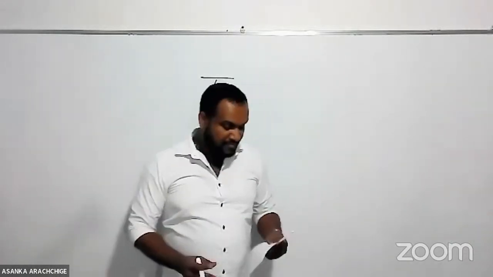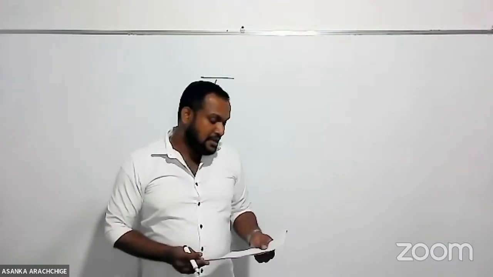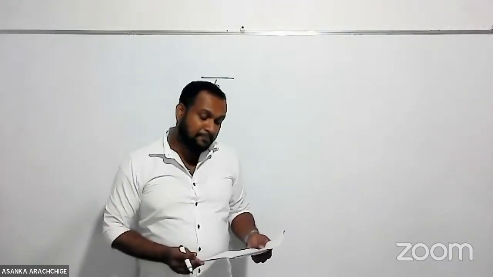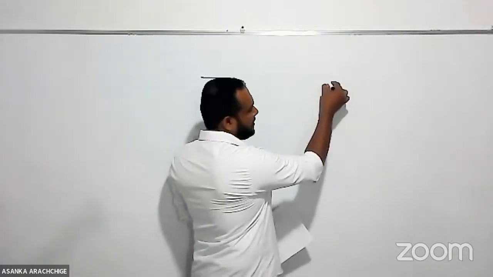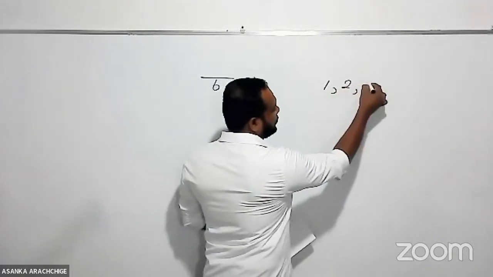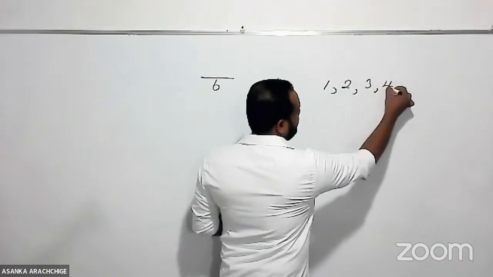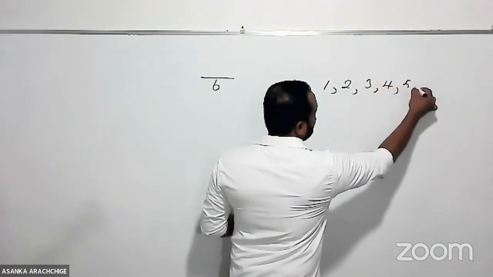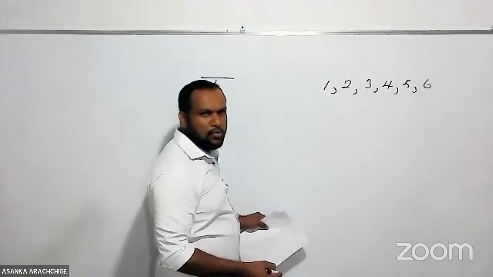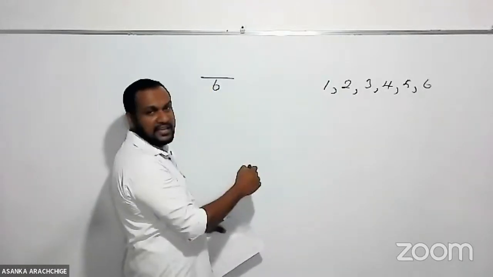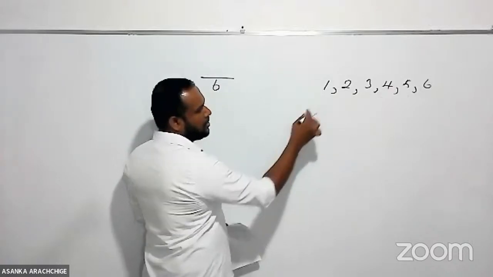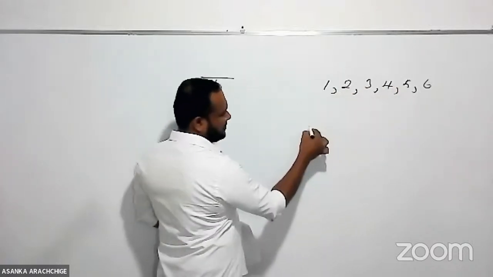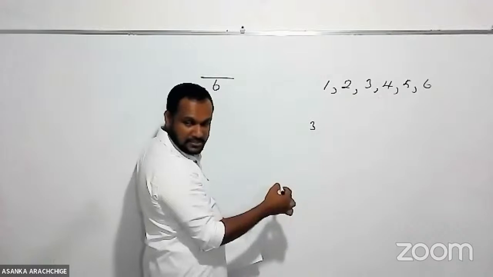Okay. Then, what is the expected event? Getting a prime number or a square number. 1, 2, 3, 4, 5, 6. What are the prime numbers over there? 2, 3, and 5. There are 3 prime numbers.